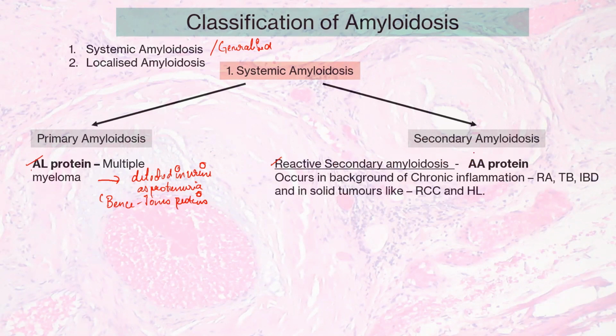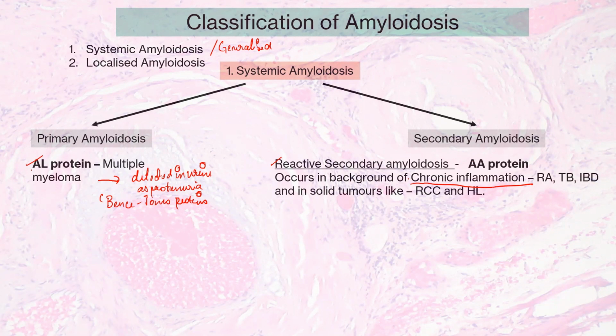This reaction can occur in the background of chronic inflammation, where we've already seen the macrophages getting activated and then releasing interleukins, which cause the liver to produce SAA, which is not proteolyzed, and AA or amyloid associated protein gets accumulated.